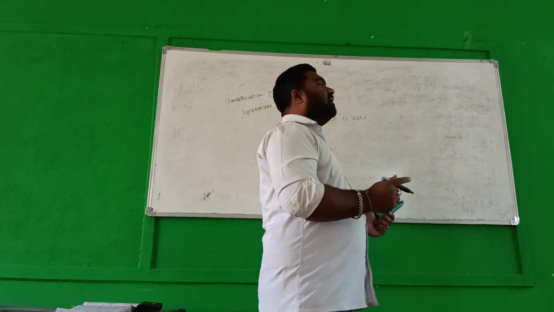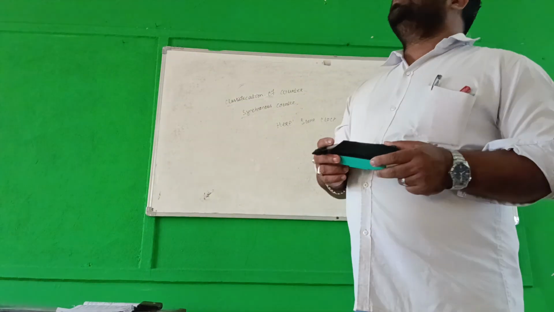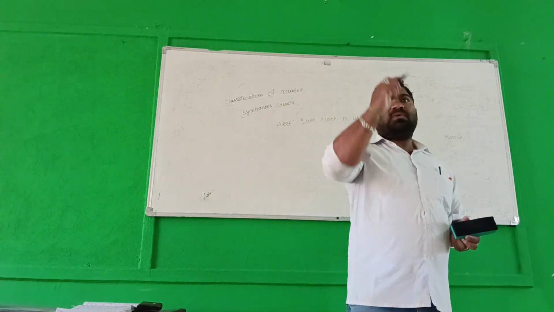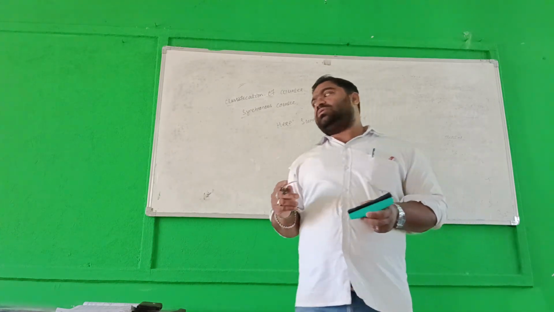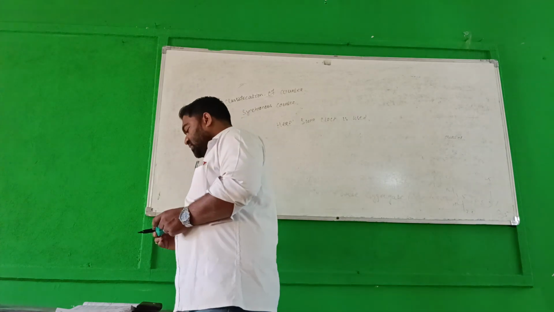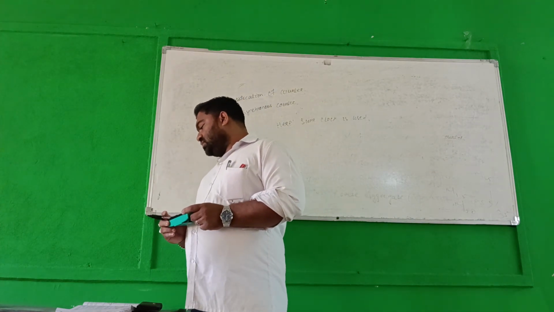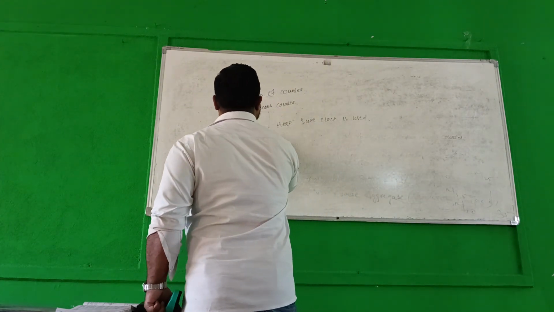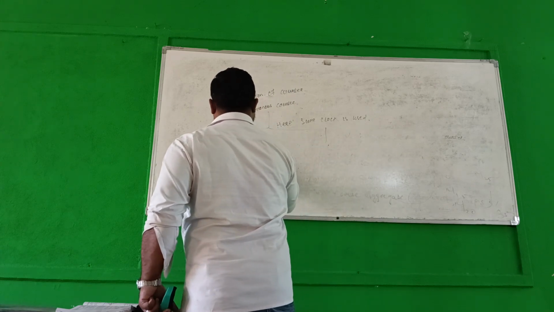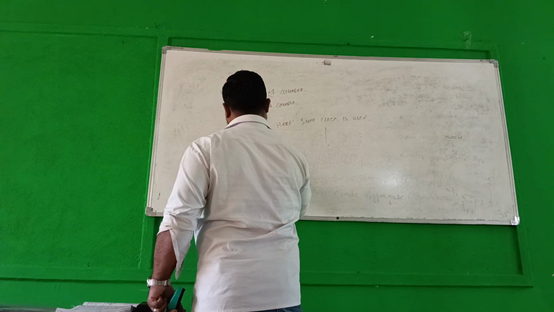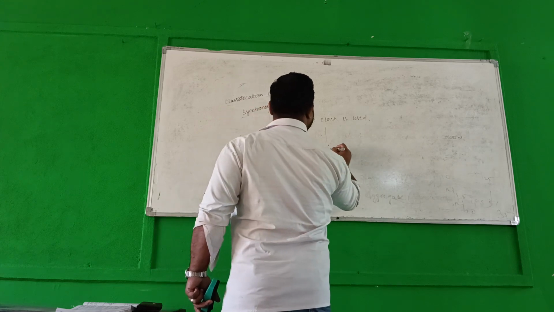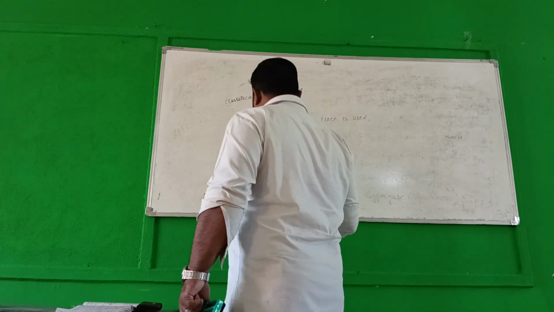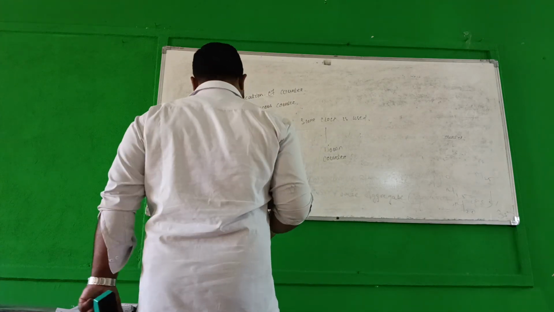Depending upon the counting sequence, we have two types of synchronous counter. One is the up counter, another one is the down counter. But what is up and down?